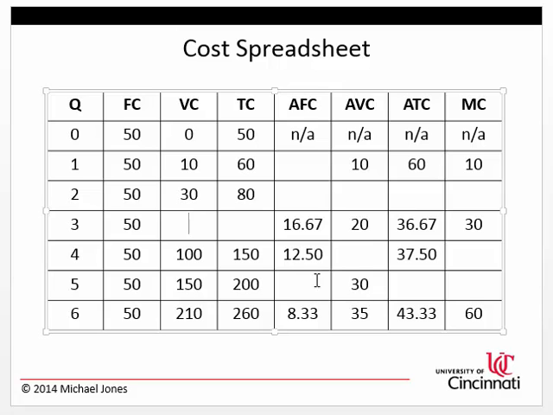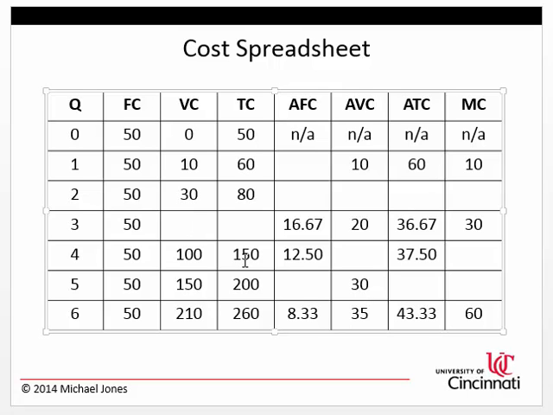If I know that my average variable cost is equal to 20, and I know that my Q is equal to 3, I can calculate my variable cost, because average variable cost is equal to your total variable cost divided by Q. So if I want to solve for my variable costs, I can simply multiply my average variable cost of 20 times Q equal to 3.